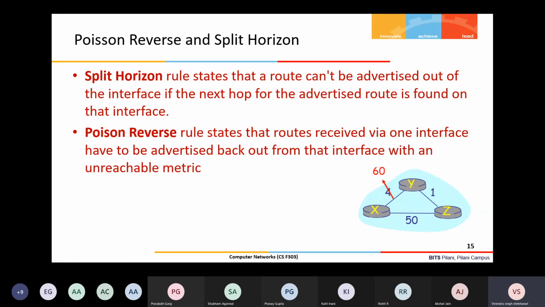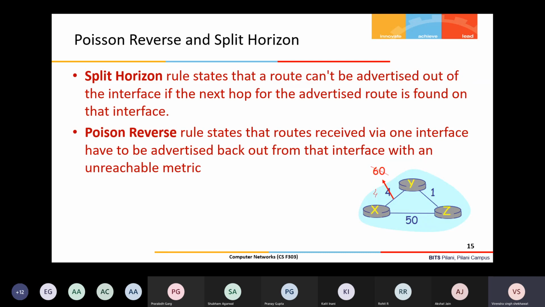The problem here is, before the link cost changes from 4 to 60, what was the state? The state was that Z is reaching X via Y. Before this, 60 was not there, the link cost was 4.